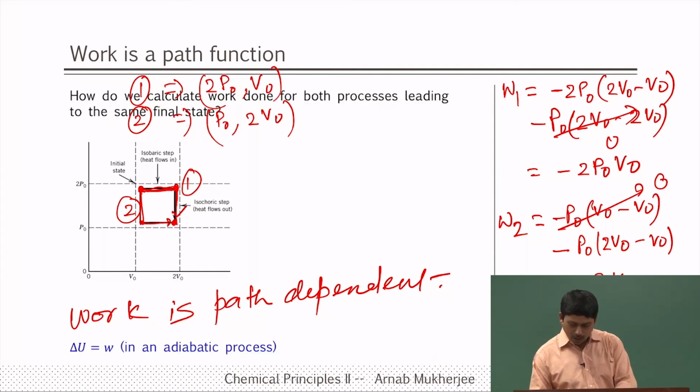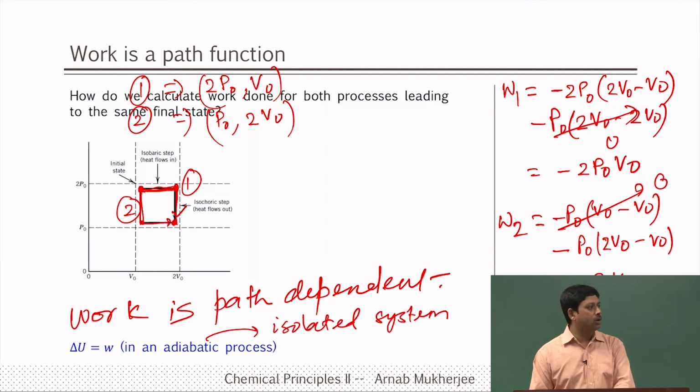So, in an adiabatic process, or you can say in case of an isolated system, when no heat input or output is allowed, then the system is using its internal energy to do the work. And we can write that delta U, that means change in the internal energy, is equal to the work done on the system, not by the system.